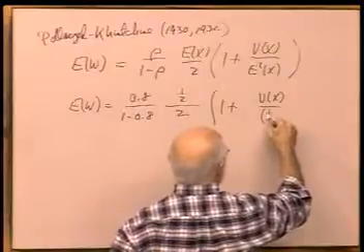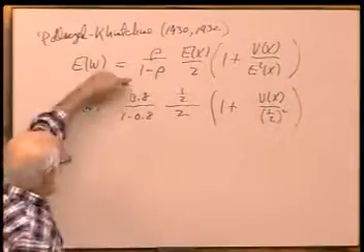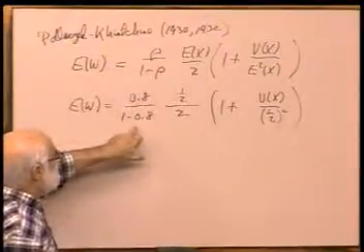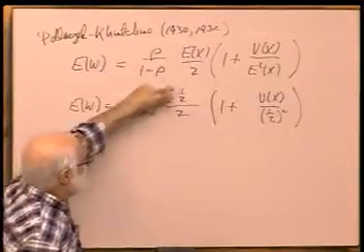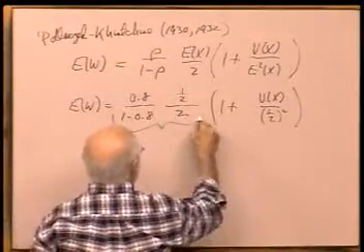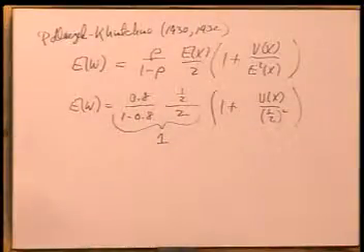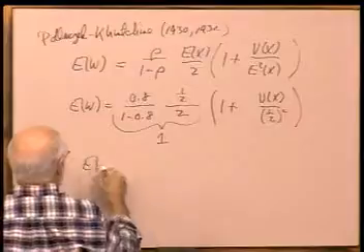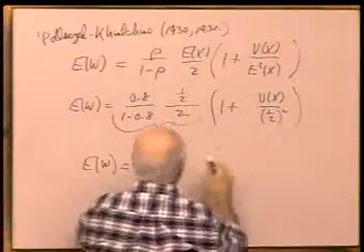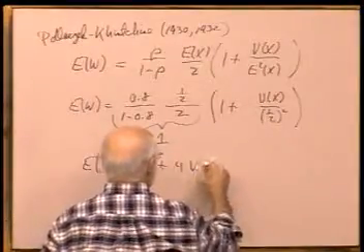Well, 1/2 squared. Now, 0.8 over 1 minus 0.8 is 0.8 over 0.2, which is 4. 1/2 over 2 is 1/4. So this thing, in our particular case, is 1. So I'm picking the numbers to make things as simple as possible. So for our case, the average waiting time is going to be given by the formula 1 plus 4 times the variance.